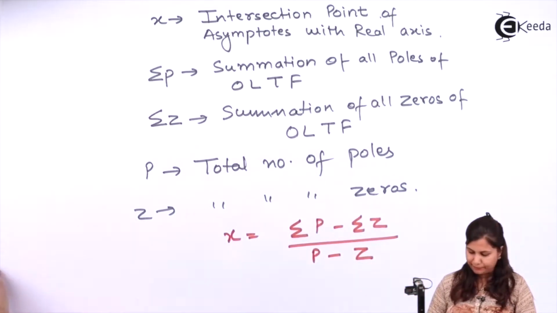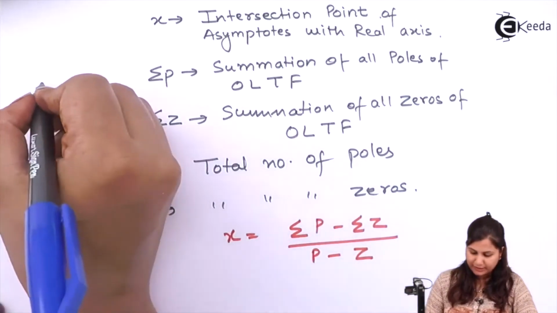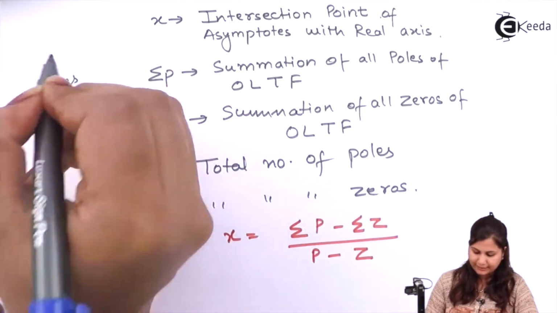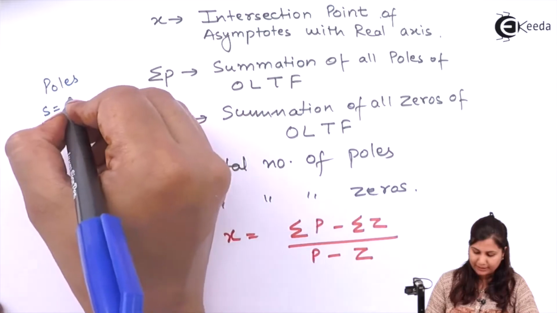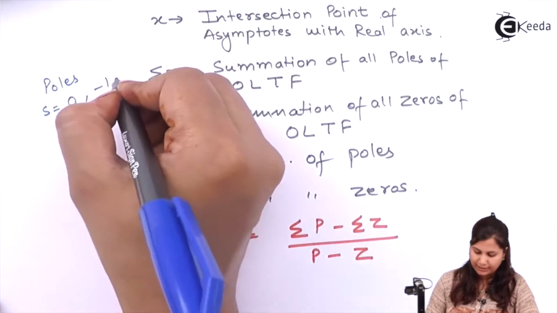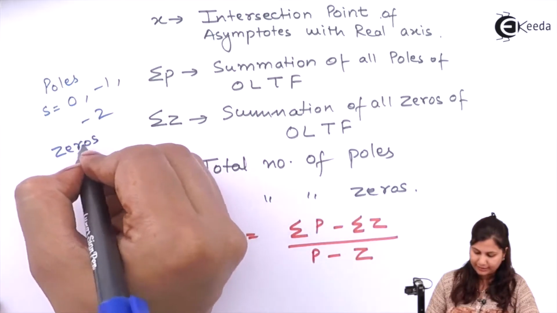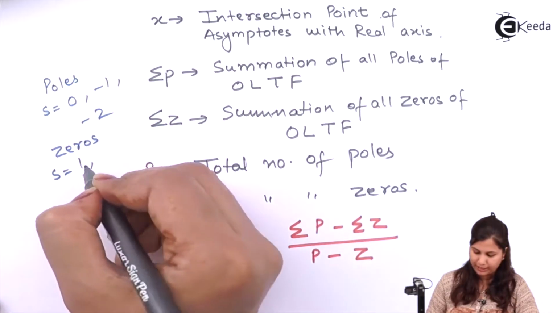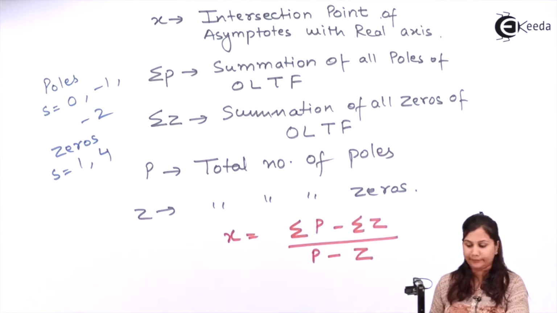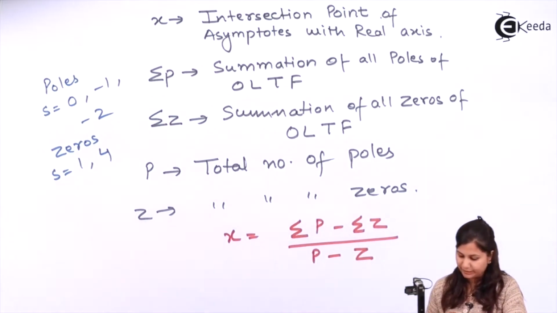Let's take an example here. Suppose a system has poles at s equals 0, minus 1 and minus 2, and zeros at s equals 1 and 4. What is the intersection point here?